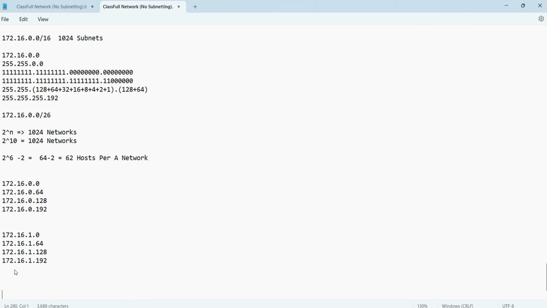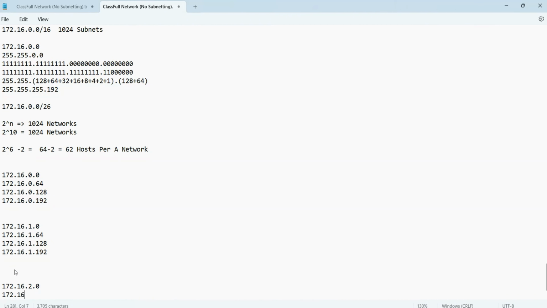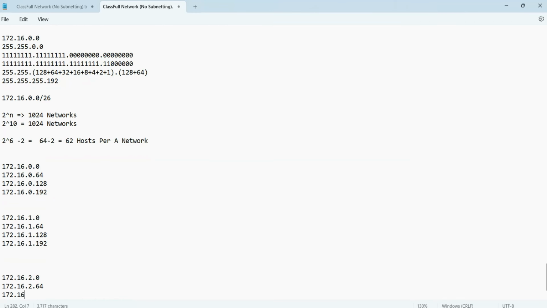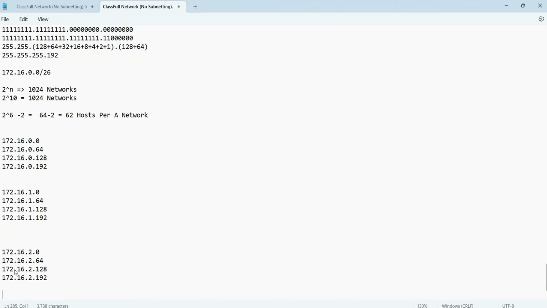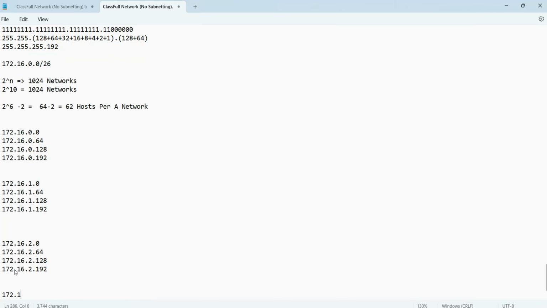And then I go to my next network, 172.16.2.0. See that? 172.16.2.64, then 172.16.2.128, then 172.16.2.192. Then I go ahead, 172.16.3.0, then 3.64, then 3.128, then 3.192.